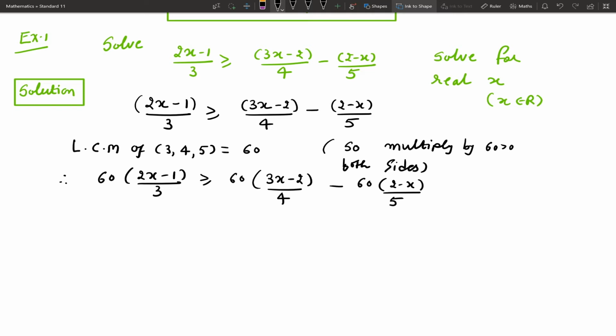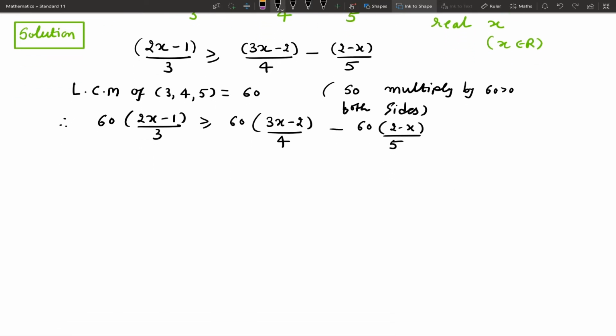Now let us simplify. 60 by 3 is 20, so 20 into (2x - 1) is greater than or equal to 60 upon 4, that is 15, into (3x - 2), minus 60 upon 5, so this is 12, into (2 - x).